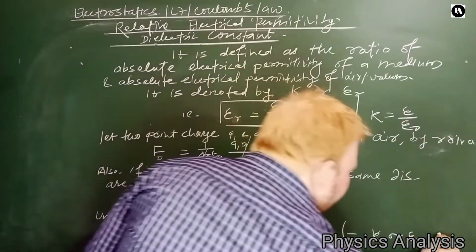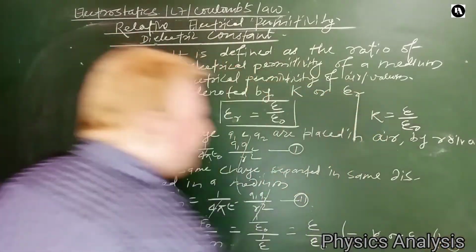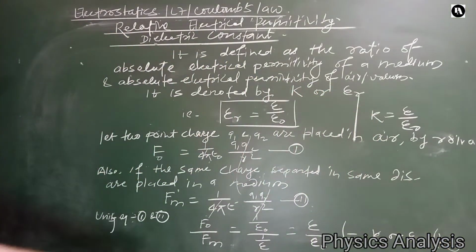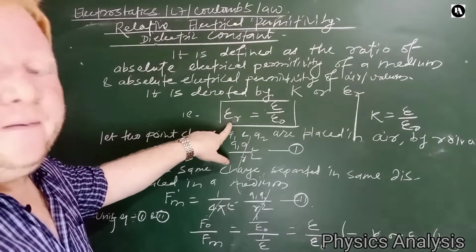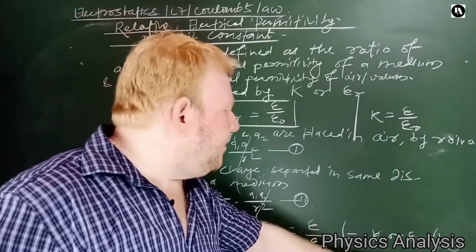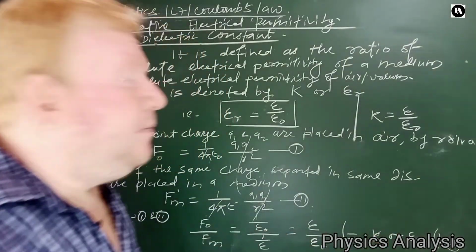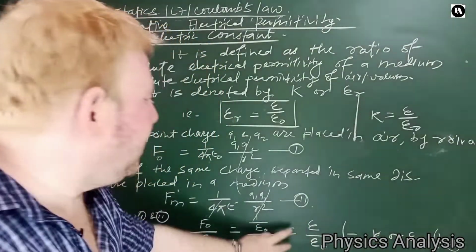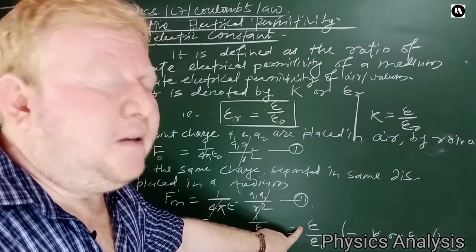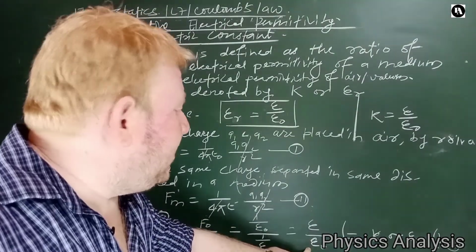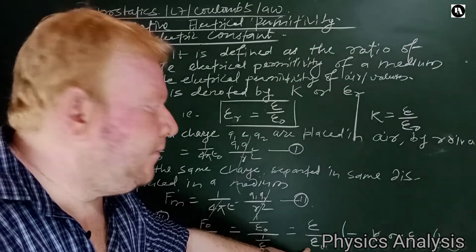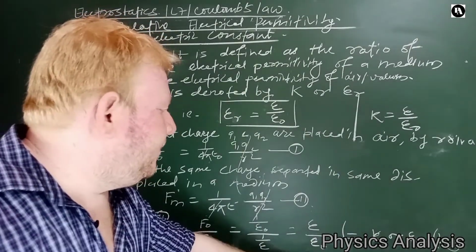This is what you call the dielectric constant of the medium, or relative electrical permittivity, which is nothing but the ratio of absolute electrical permittivity of the medium to that of air, vacuum or free space.